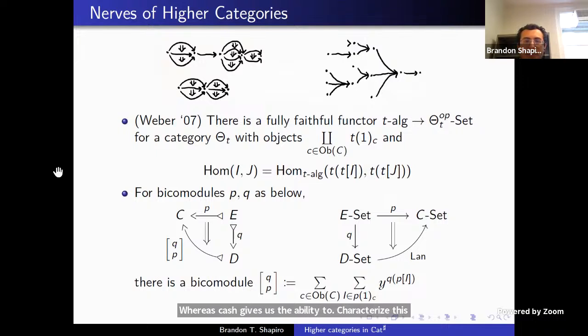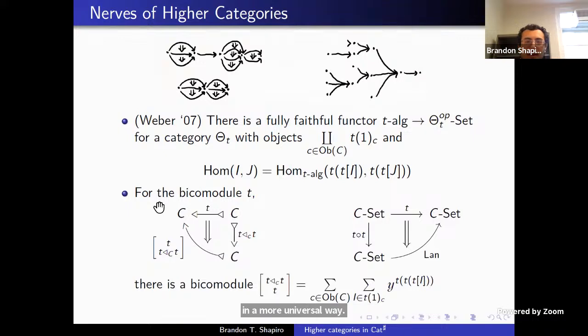So how's that going to work? Well, we can plug in T and T composed T for these two bicomodules. So now all of our categories are C, our bicomodules are T and T composed with T. And we get this still rather opaque looking formula for this bicomodule.